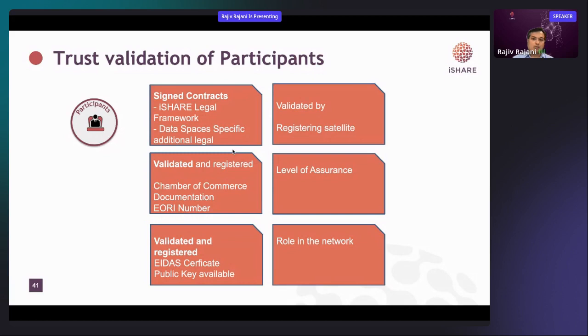These kinds of certificates are basically known as qualified seal certificates, and when you procure them, there is a certain level of validation that happens via the certificate authority, which already brings the basic level of authenticity and the trust that is needed for registering any participant in the network.